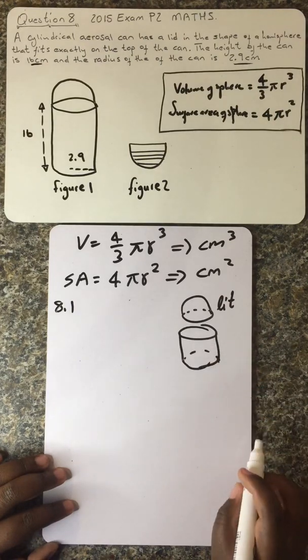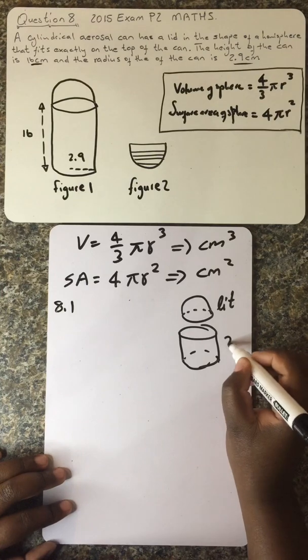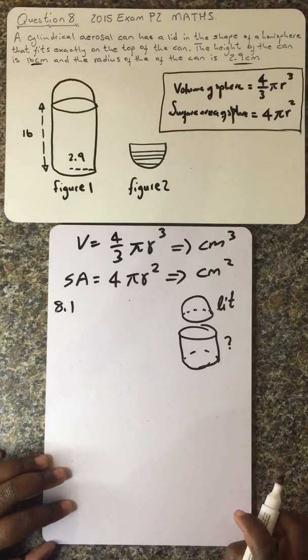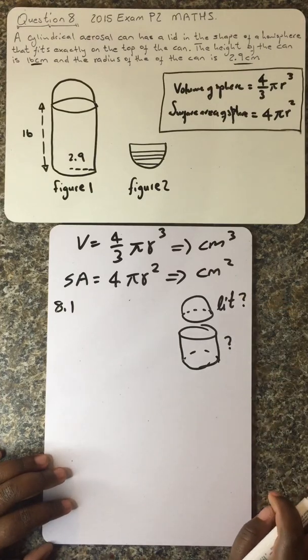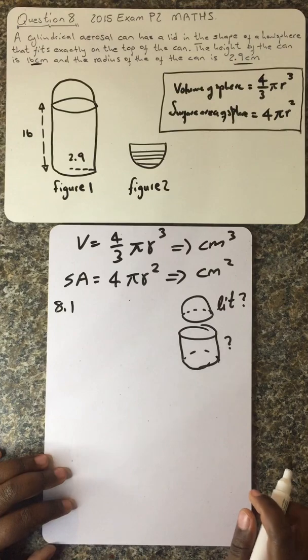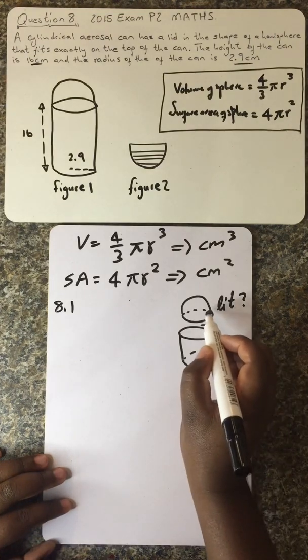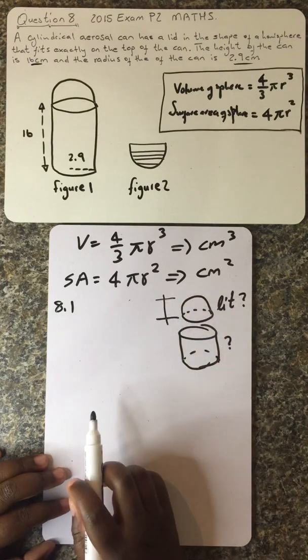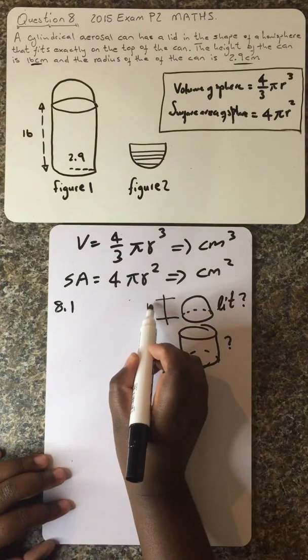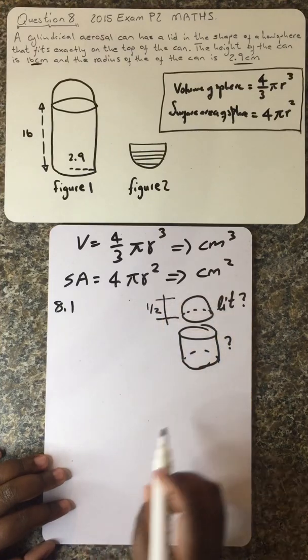Very much important, guys. So now that means you should know what the surface area of a cylinder is, and what the surface area of that hemisphere is. Remember, ladies and gentlemen, this is a lid, and it's actually half of a sphere.